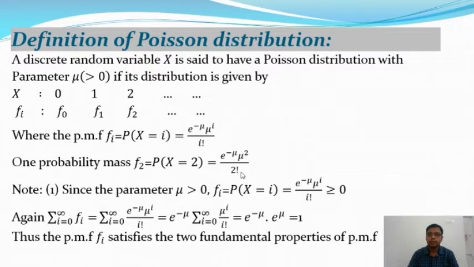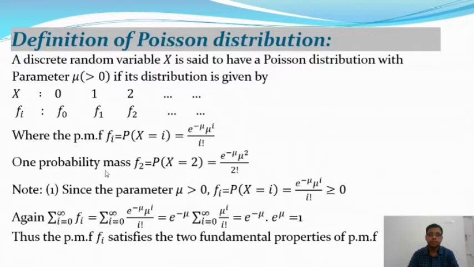This is called a Poisson distribution. This is a particular example of the Poisson distribution. If we take i equal to 3, then the probability mass function gives f3, and f3 is equal to e to the power minus mu into mu to the power 3 by 3 factorial, and so on.